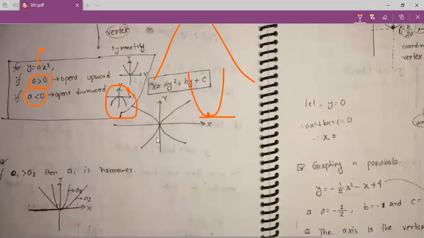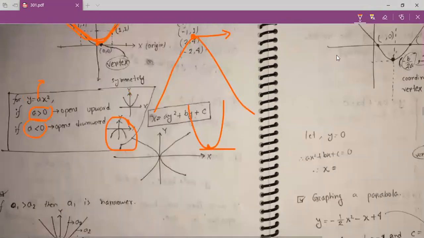So let's see another example here. A friend asked our teacher whether this parabola can be in this way. Possible? Yes, they can also be horizontal, and they can be vertical.